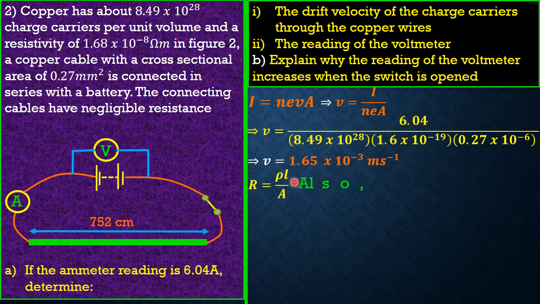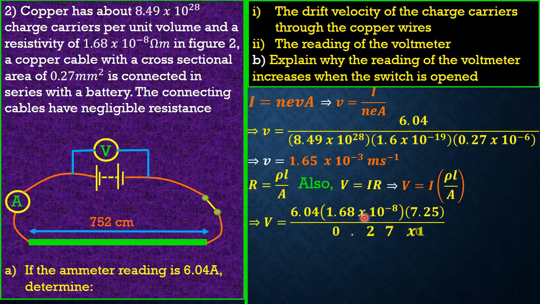From Ohm's law, V is given as IR, where V is the potential difference across the cell, I is the current, R is the resistance. If we replace the resistance R by its value rho L over A, we are going to have V equal to I times rho L over A.